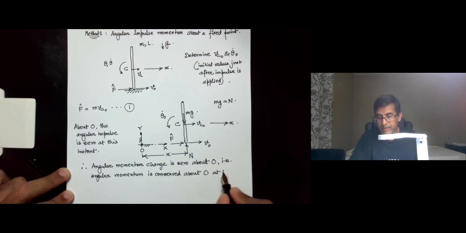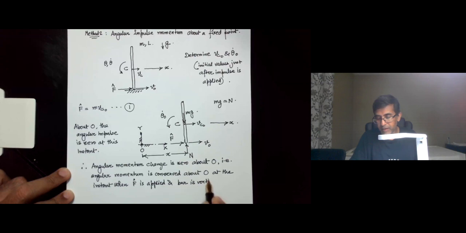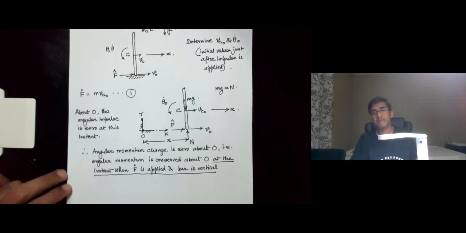at the instant when F hat is applied and the bar is vertical. It is very important to note that the angular momentum is conserved about O at this particular instant.